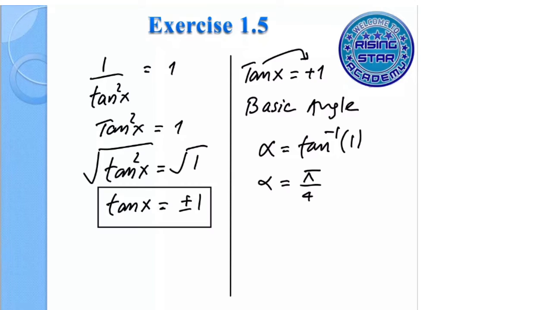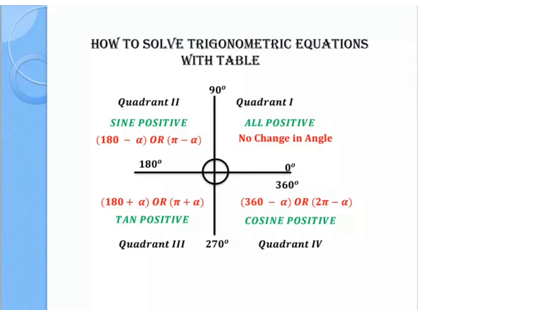We know that the tan is positive in the first and the third quadrant. Let me show you. Here you can see that the tan is positive in the first quadrant and the third quadrant.